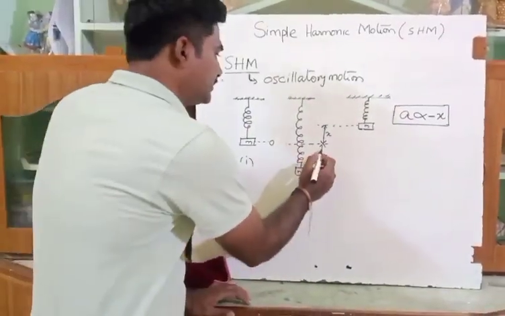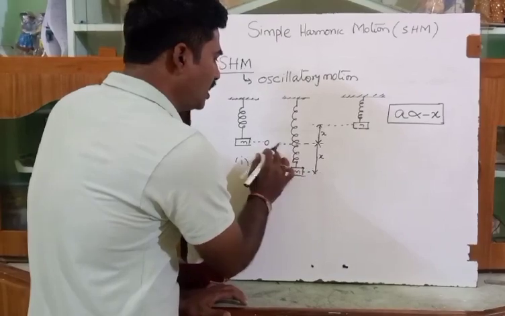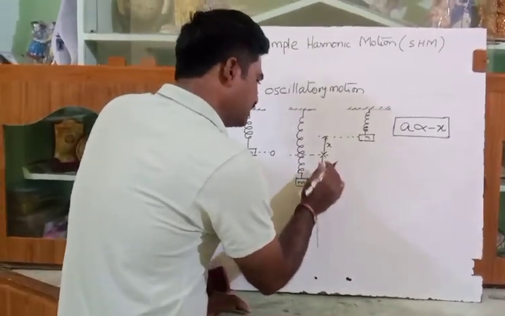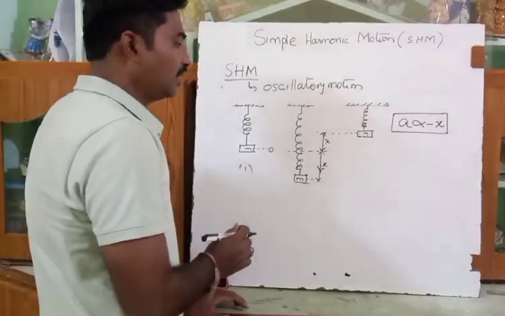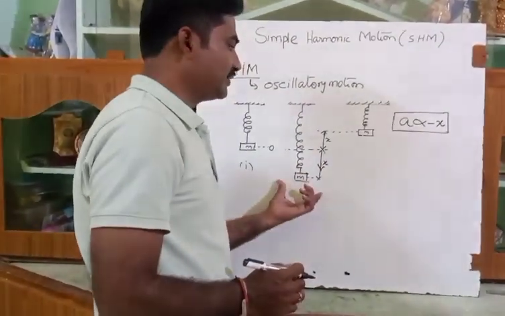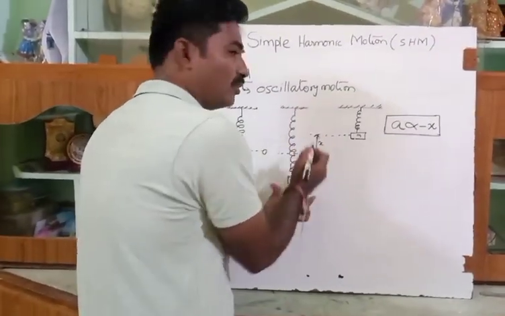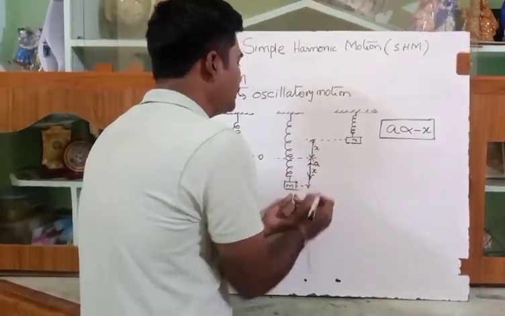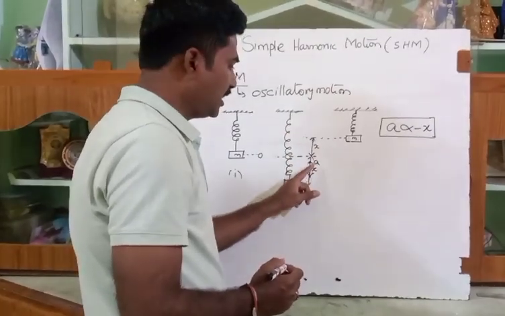Here, this is the displacement of the mass from the mean position. It is in this direction. Now, once we release this one, what happened? The body moves towards the mean position. That is, the body accelerates towards the mean position. See this.